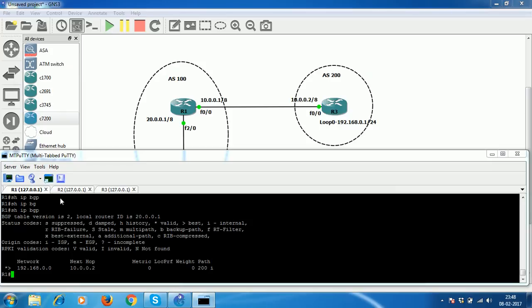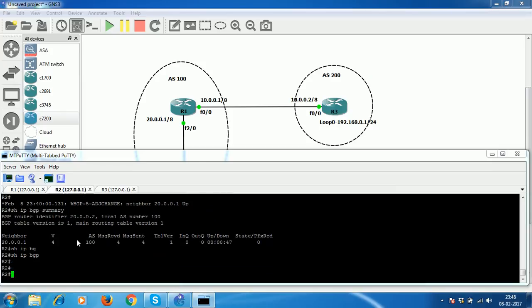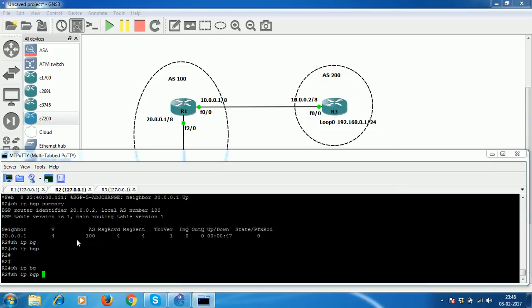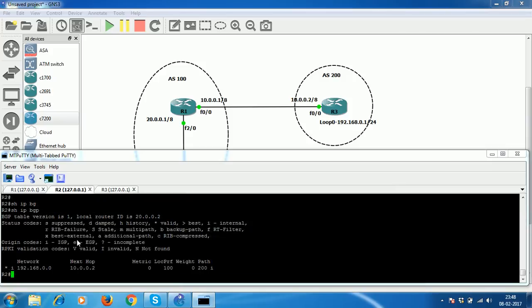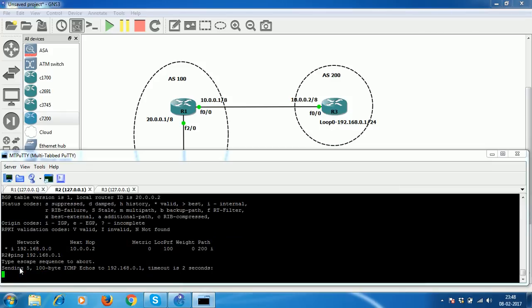Let's go and see on router 2, show IP BGP. In the BGP table I can see the 192 network, but it is only valid, not the best path. So what happens when I try to reach 192.168.0.1? I can't reach it.